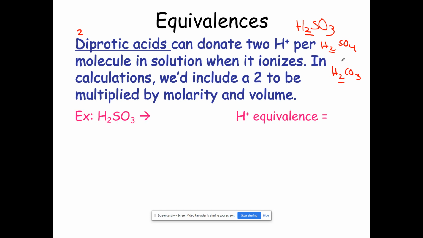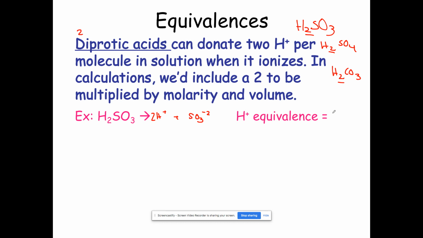So what do I mean by that? So let's take this sulfurous acid. Let's break it down. Let's ionize it. It's going to break apart into H plus and the sulfite. So sulfite has a charge of -2. If you didn't know that, it's on table E. But look here, if it gives off 2 hydrogens, there are 2 hydrogen ions.